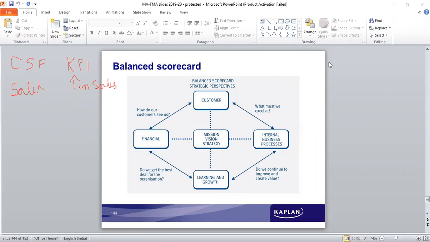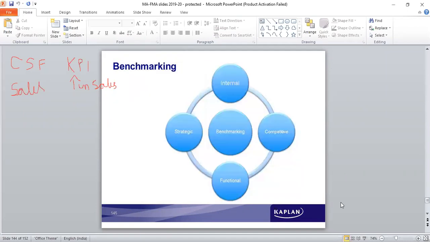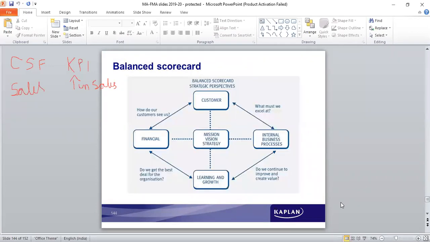One major disadvantage we can quote in the case of a balanced scorecard: it looks quite interesting, in that we can simplify and then learn about the performance of the organization. But one major disadvantage is that we can know the performance of each perspective, but we cannot know the performance of the organization as a whole.